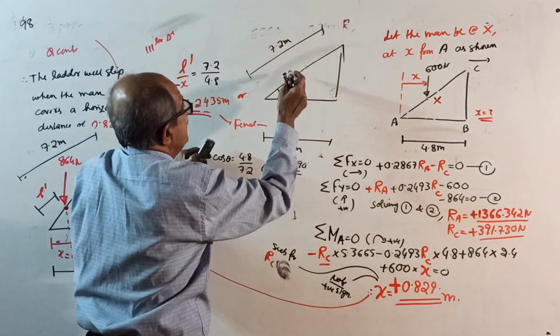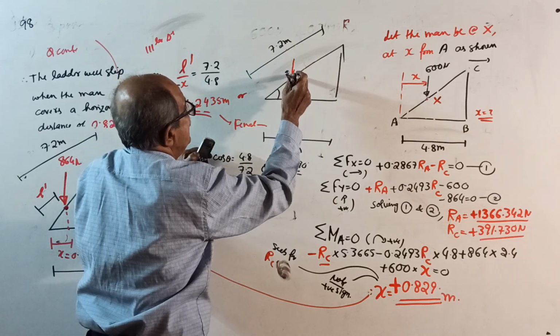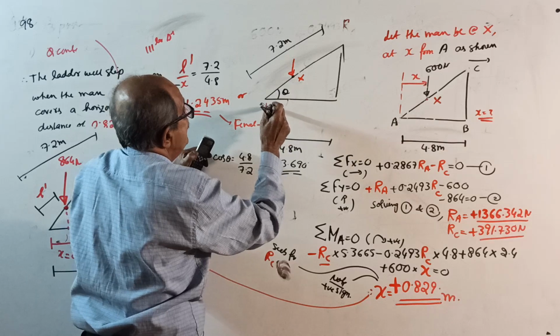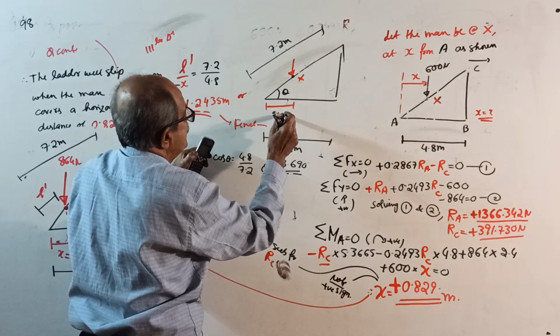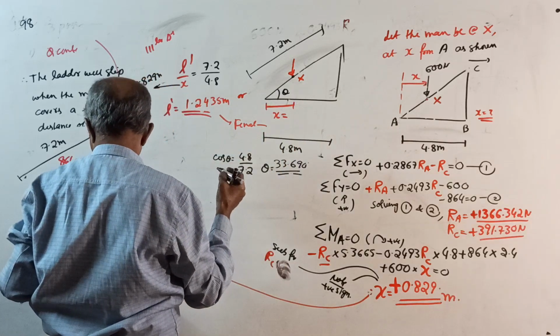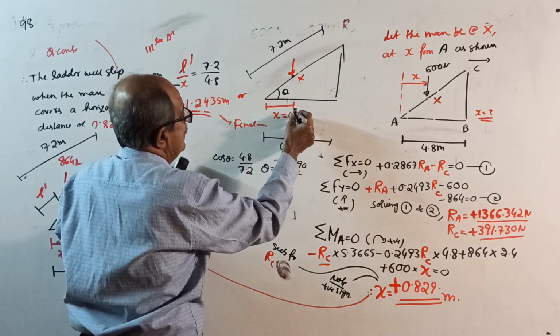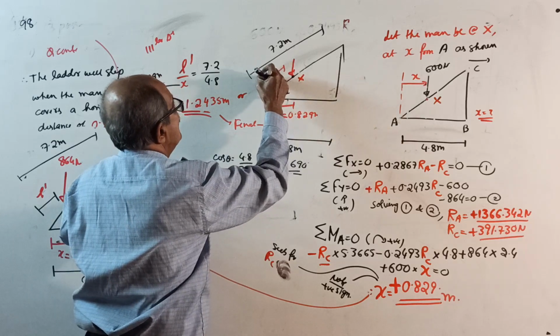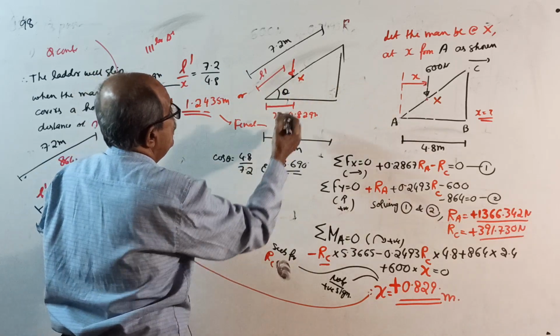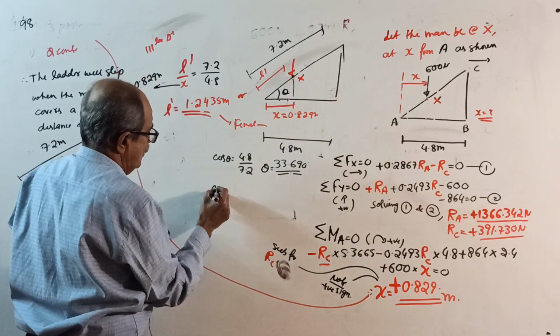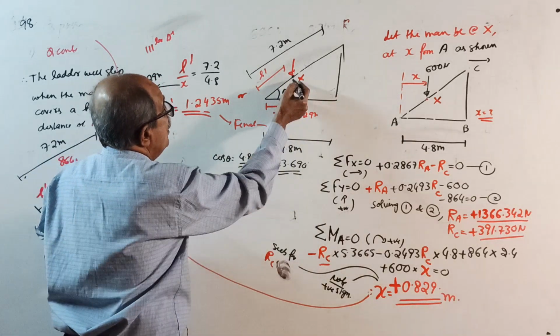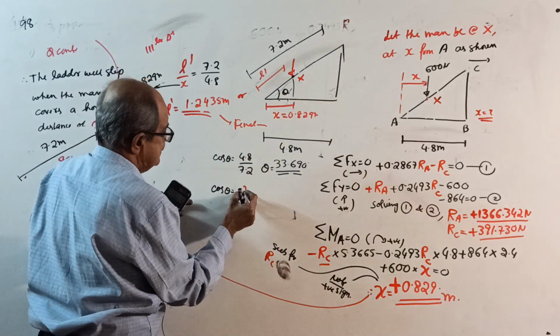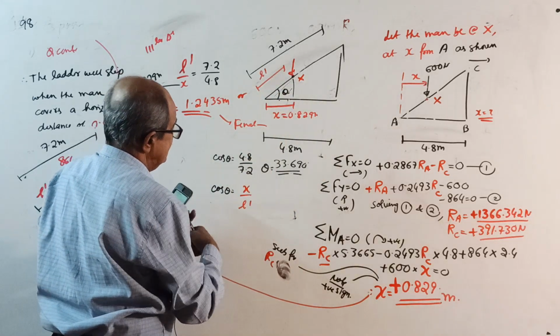Then mark the point here. The person is standing here at a point x. This we got x equal to 0.829 meter. This I took as L dash. Now use this small triangle: cos theta equals x divided by L dash.